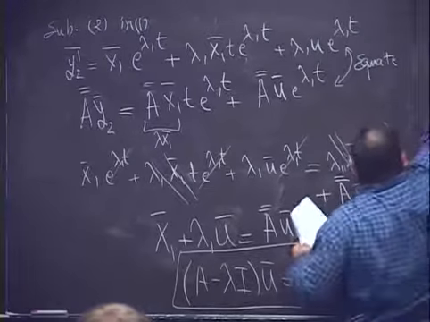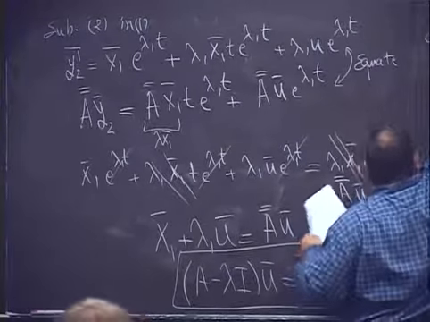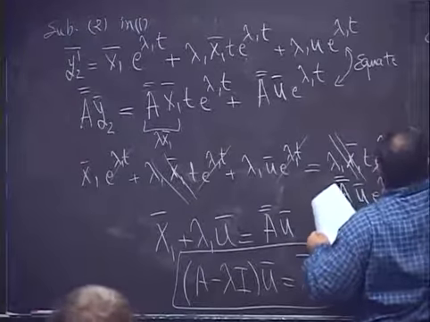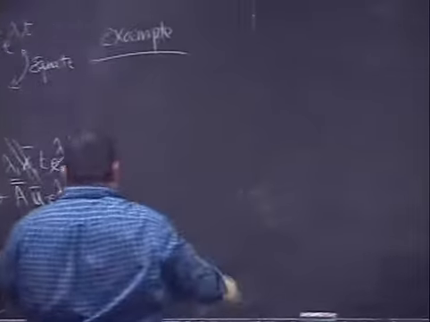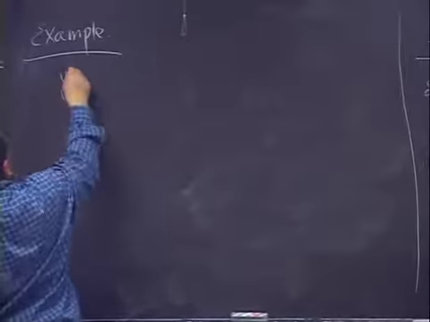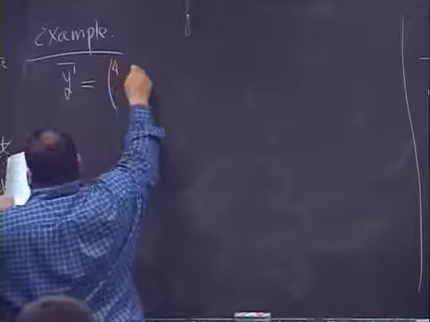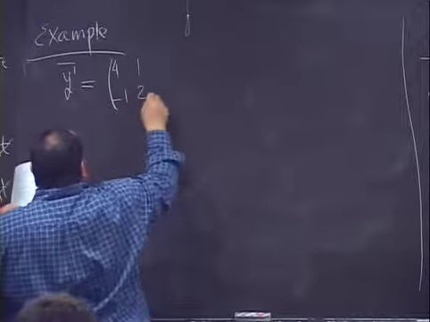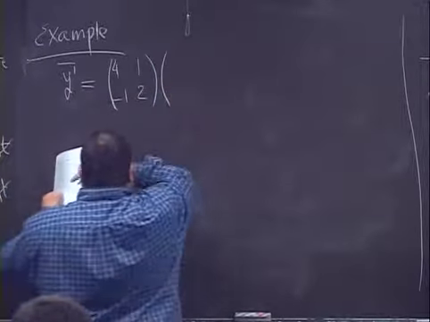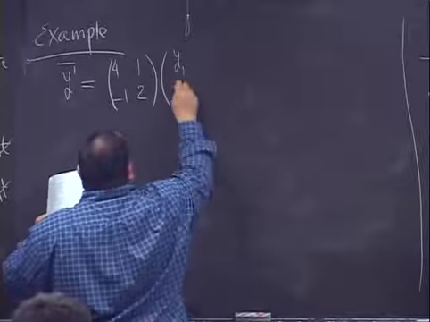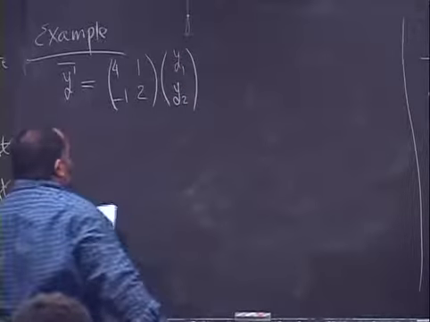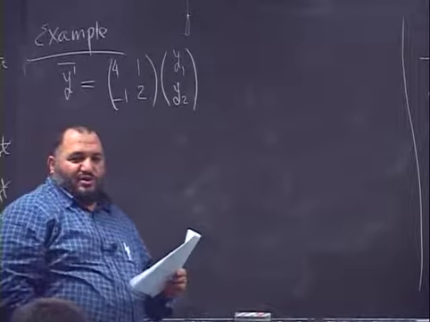So example here. If we have the vector y prime equal to [4, 1; -1, 2] times [y1, y2]. So this is just two equations, a system of two equations.